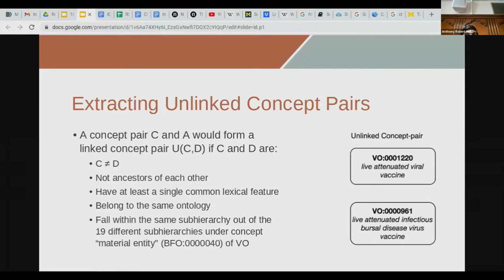That is from anatomical entity all the way to vaccine components. We do that because we want to infer unlinked or missing relations that are relevant, but not all out of the way.